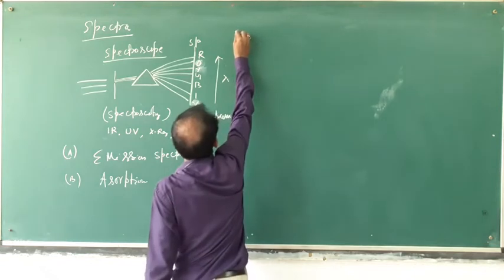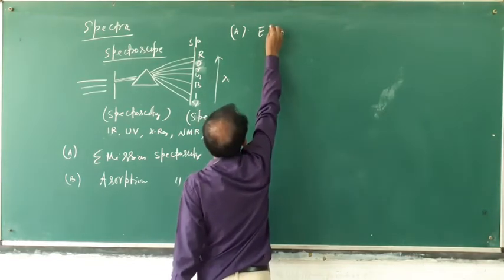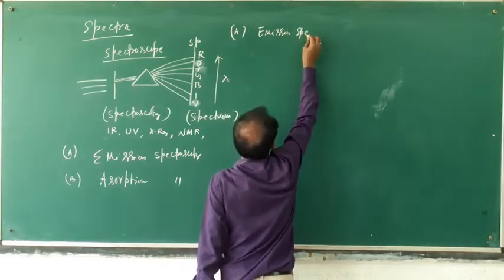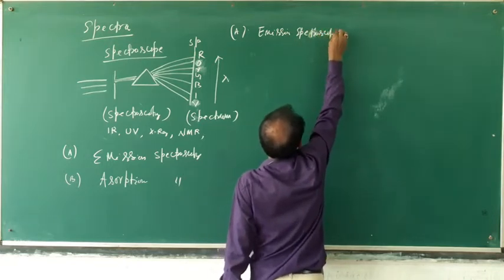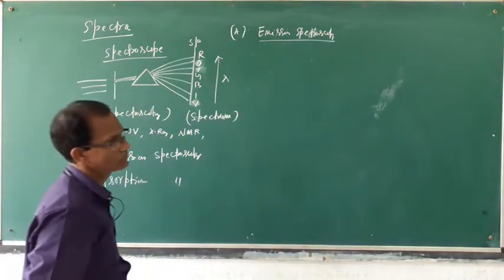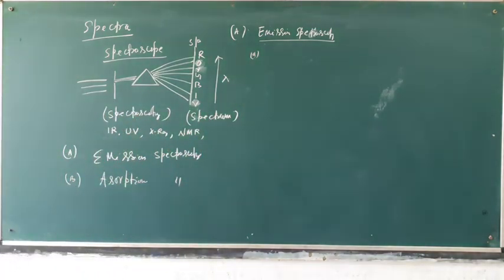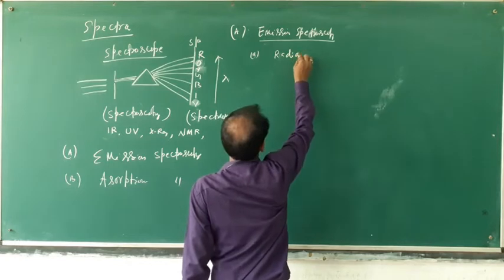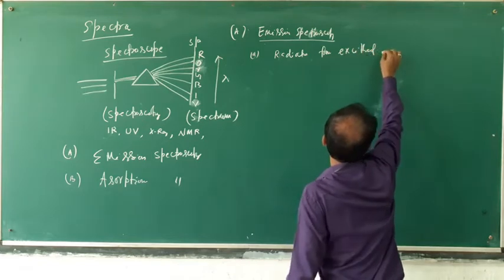In emission spectroscopy, it is generally observed when an excited substance emits light. Radiation from an excited substance.